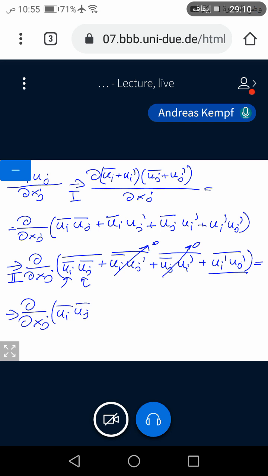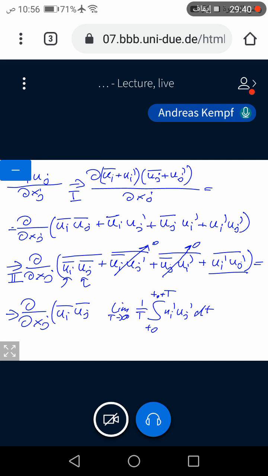Now, here, this mean value. How would this mean value be calculated? It would be calculated by the integral of ui prime uj prime dt from t naught to t naught plus t, times 1 over t, in the limit of t approaching infinity.